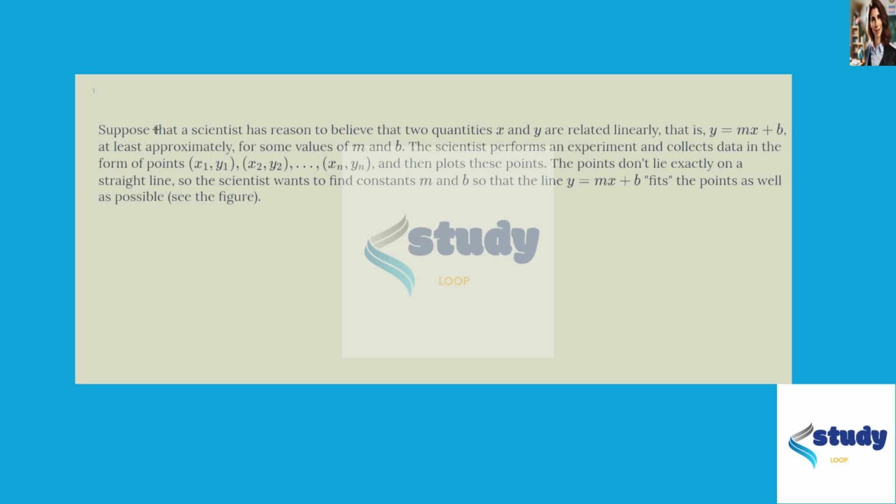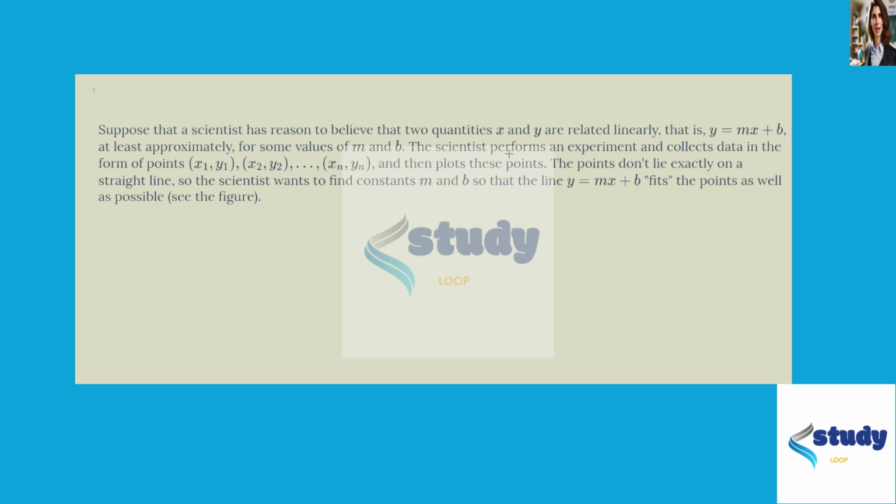The problem is, suppose that a scientist has reason to believe that two quantities x and y are related linearly. That is, y is equal to mx plus b, at least approximately for some values of m and b.